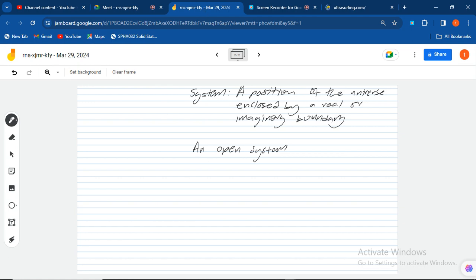What is an open system? An open system is a system where energy and matter, or mass, can be exchanged with the surrounding.